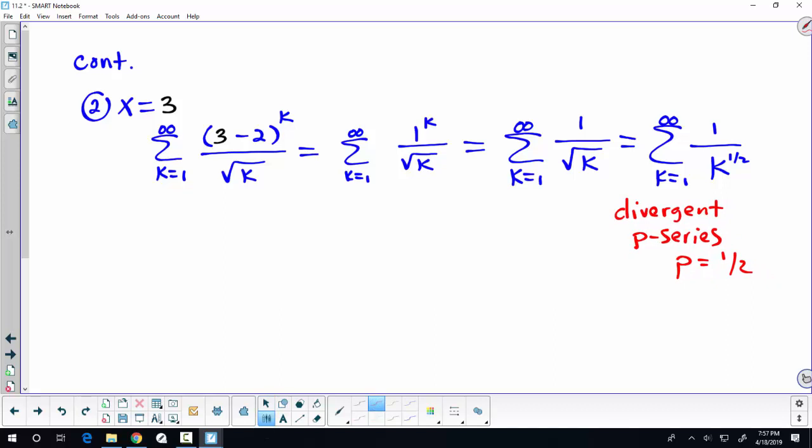For a p series to converge, the power in 1 over k to a power has to be larger than 1. That means we exclude x equal to 3 in our interval of convergence.